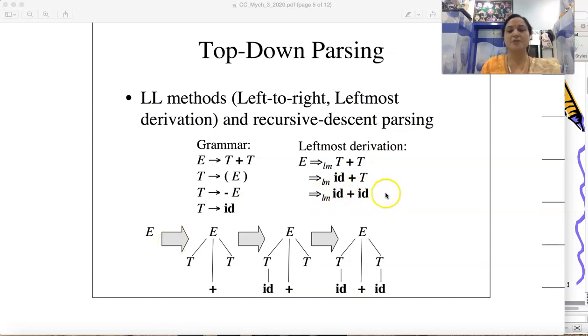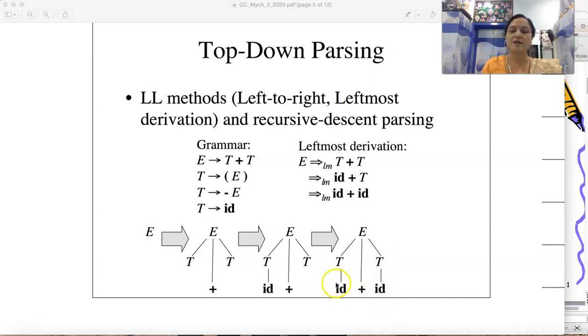Now to parse the input ID plus ID, we start with the first production, E tends to T plus T. Why this production? Because in the input there is a plus sign, so there is a probability that this production will give us successful parsing. So first E is expanded by E tends to T plus T. In the second step, this T is expanded by ID, so now the leaf nodes are ID plus T. In the third step, the second T is expanded by ID.